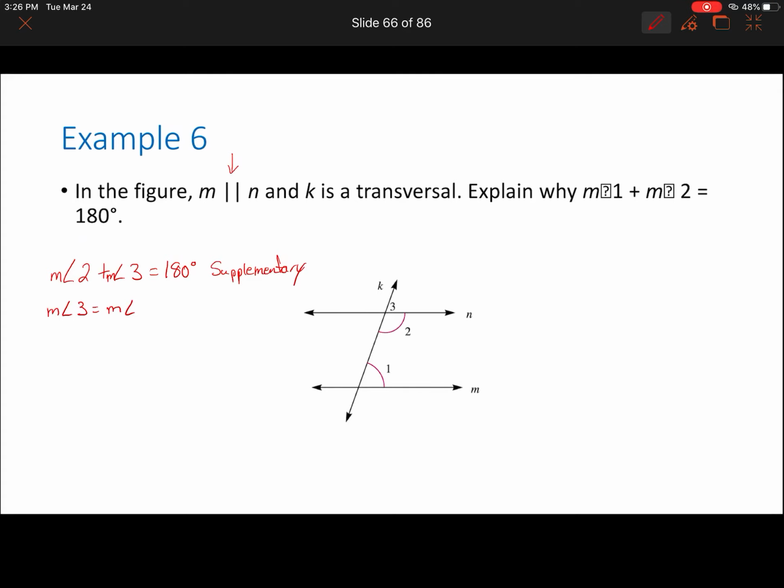Okay, so that means that we know the measure of angle 3. And then the measure of angle 3 has to be equal to the measure of angle 1 because they are corresponding.